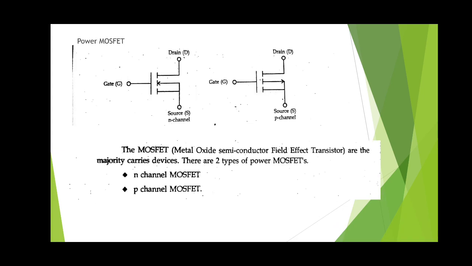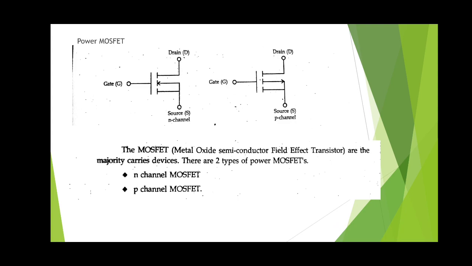So the next device which we are going to study is the power MOSFET. Power MOSFET is also a type of transistor. Some disadvantages are there for the BJT.